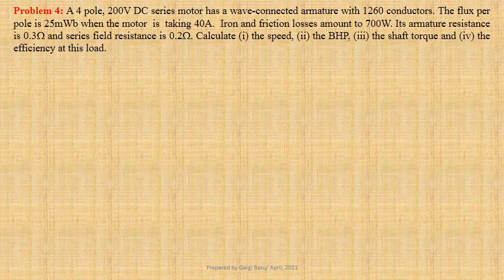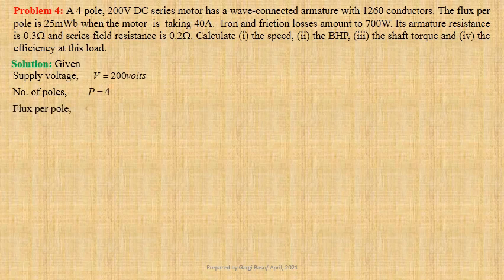Let us first write down the given data. Supply voltage V equals 200 volts. Number of poles of this machine P equals 4. Useful flux per pole phi equals 25 milliweber, that is equal to 0.025 weber.